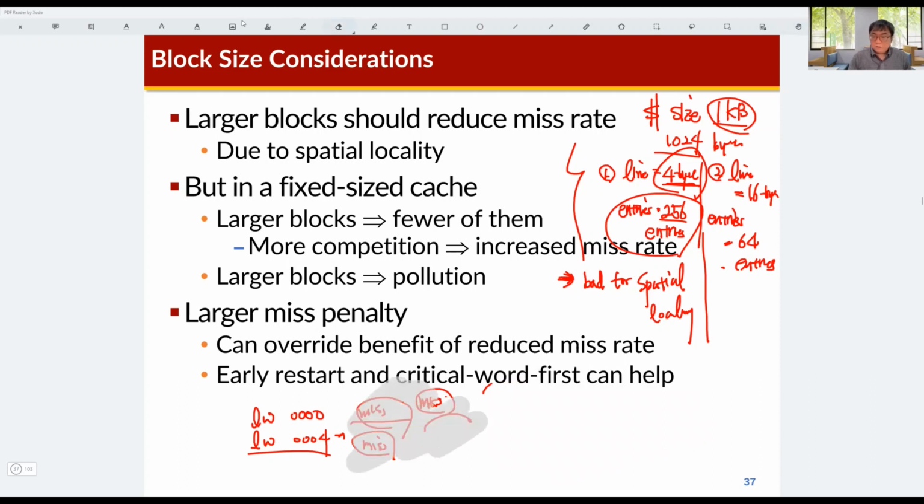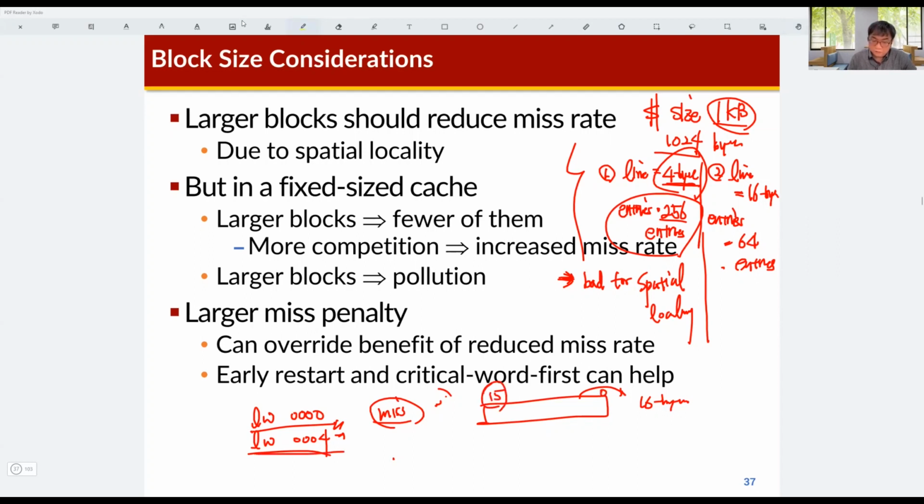So the cache requests the new data to the low level cache or memory. Then how about the second cache? The line size is larger, 16 byte. When the processor requests word address 0000, the cache result is a miss. Then the cache requests 16 byte of data to the low level cache, address from 0 to 15. And then the next request is 0004.